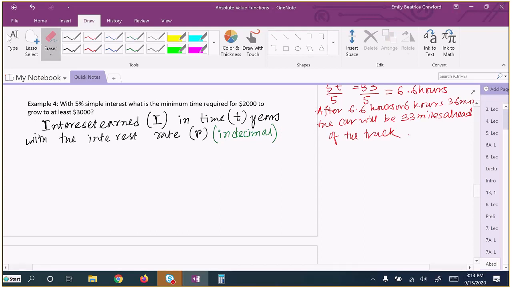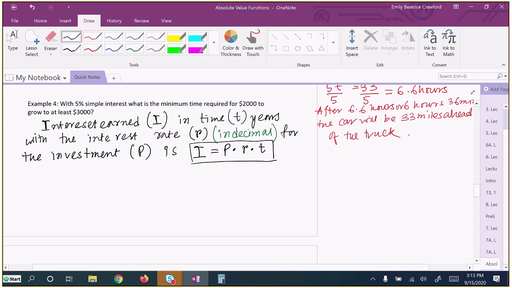So the interest earned in time t with the interest rate of R for the investment, and we call it the principal, P, is I, the interest earned, is principal times rate of interest times t in years. So this is the simple interest formula.